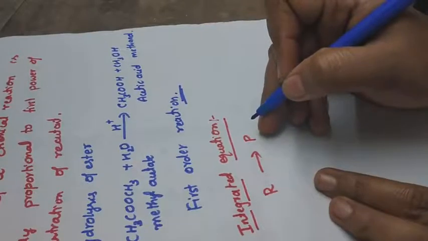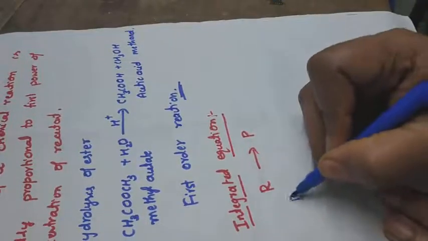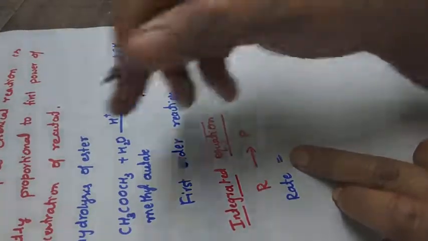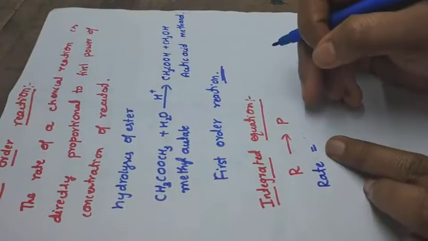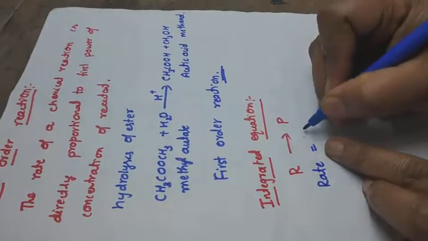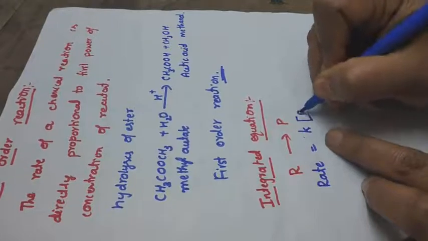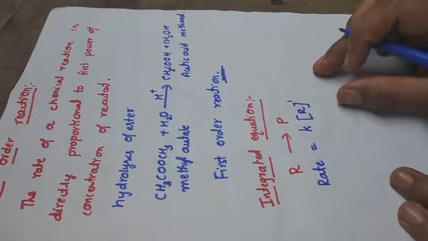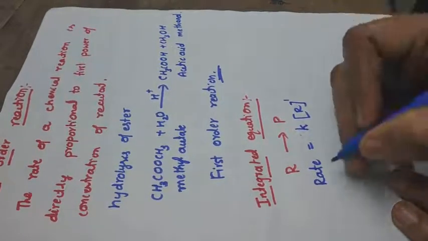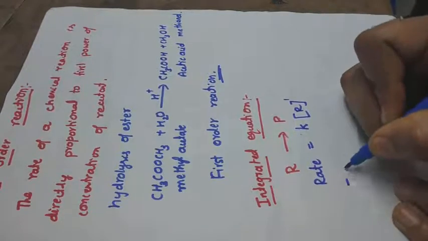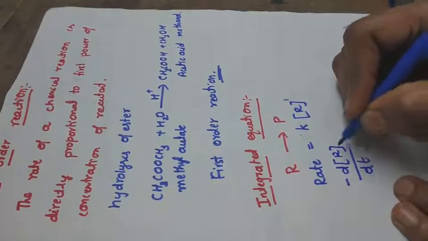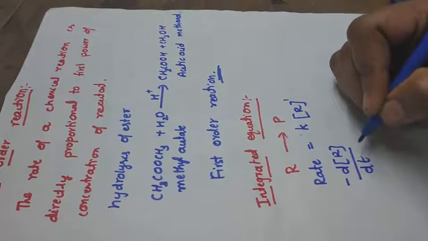Reactant converting into product. Okay, so rate equal to, so we have defined that the rate is directly proportional to the first power of the concentration of reactant. So k into R to the power 1. Okay, so this is the differential rate equation. Next, rate we can write as minus dR divided by dt, decrease in concentration of reactant divided by change in time or time taken.